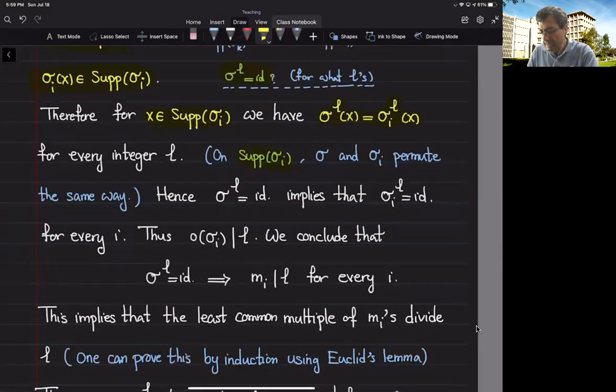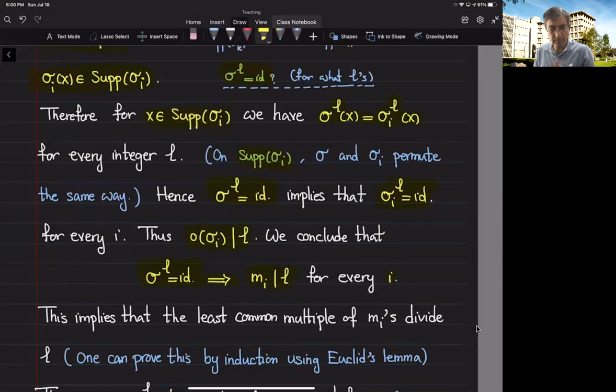Now, that means if I tell you sigma to the L is identity, I can deduce that sigma sub i to the L is identity. And therefore, the order of sigma sub i should divide L, from which we can deduce that if sigma to power L is identity, then m sub i divides L for every i.